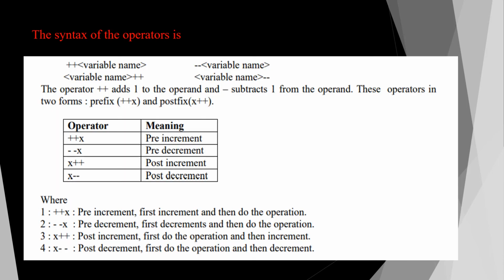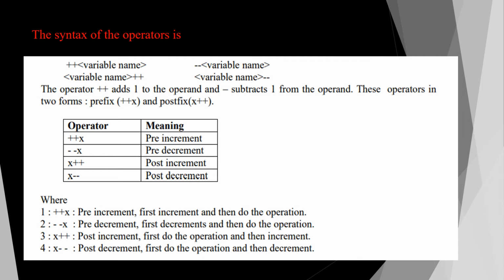Next is the syntax of the increment operator. ++ followed by the variable name, that is ++variable, represents the pre-increment operator. The second one, variable name followed by ++, is the post-increment operator. Besides that, --variable is a pre-decrement operator, and variable-- is the post-decrement operator.